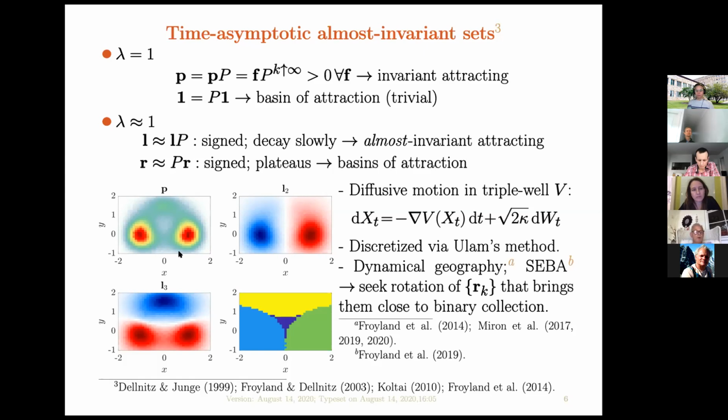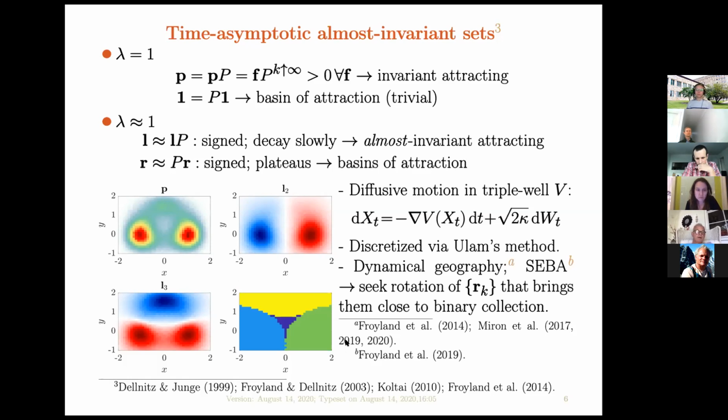See that the three wells are identified. The stationary distribution maximizes in these three wells. And this first subdominant left eigenvector identifies these two wells. The third subdominant starts to show the third well.